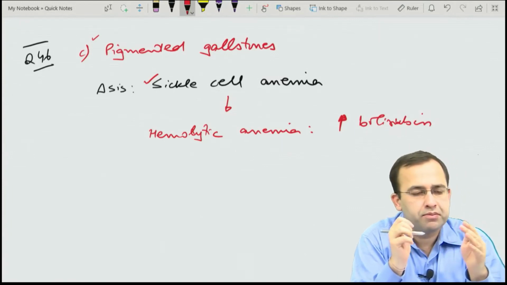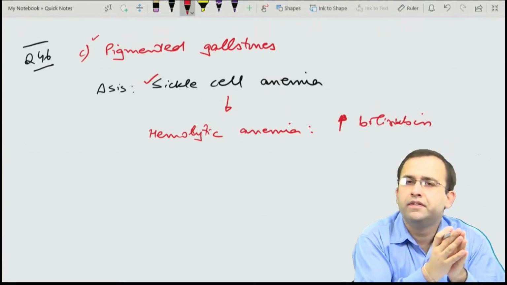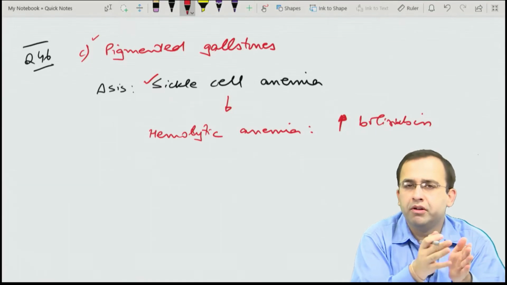Gallstones are of two types. Most common are the cholesterol stones, approximately 90%, which are associated with the 4Fs: fat, fertile, female, 40.